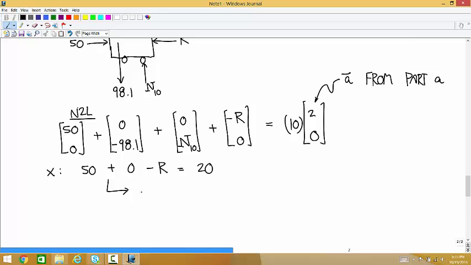And so R, let me not skip any steps here. So we have 50 is equal to 20 plus R, if I add R to both sides, then subtract 20 from both sides, and you get 30 is equal to R.